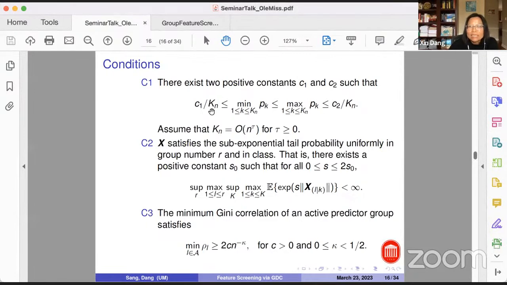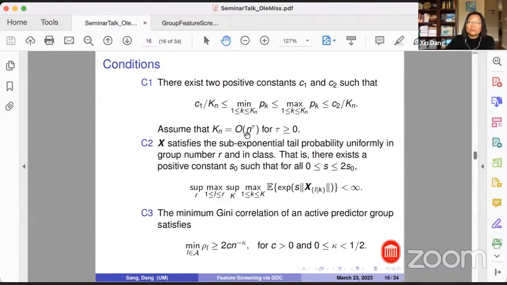And we put the number of classes of your Y, sometimes with the subindex n, sometimes we don't. Here it means the number of levels of the category can be increasing as your n increases.